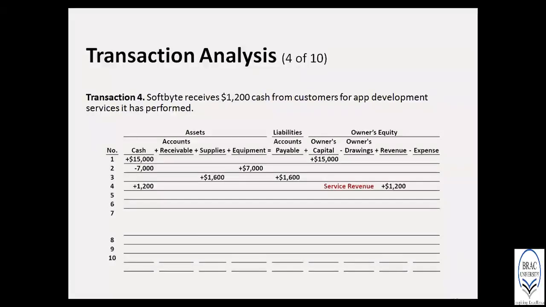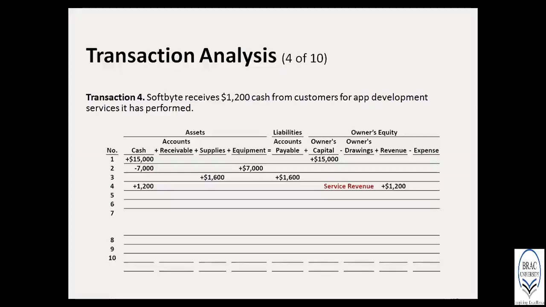In this new transaction, Softbyte received $1,200 cash from a customer for app development service it has performed. So we can see Softbyte already performed its task as an app development service. So it already performed the service and earned revenue worth $1,200.